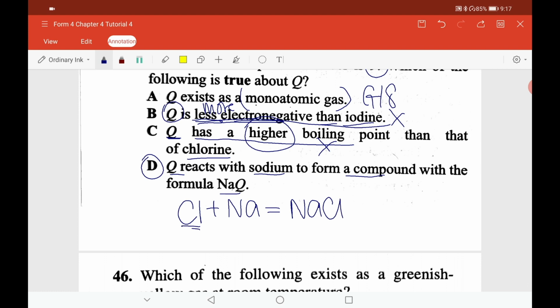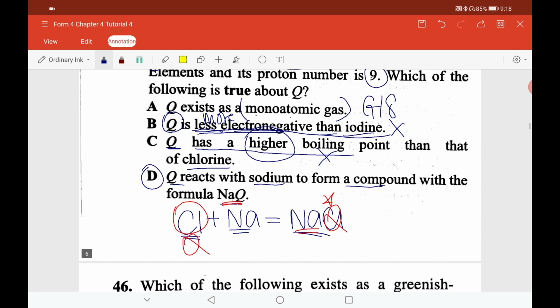So you change the chlorine here to become Q. The Na you keep, the Cl becomes Q. So NaQ, correct. You can use chlorine to do the prediction. Okay, so the answer D is correct.